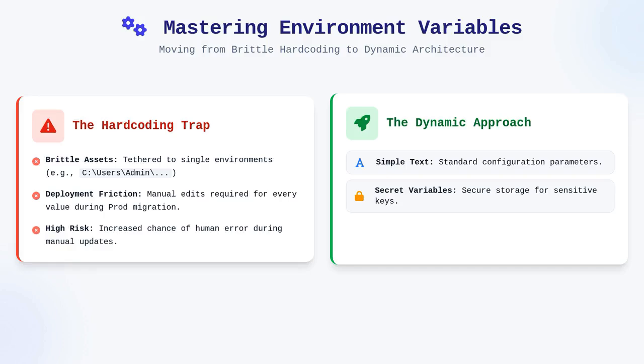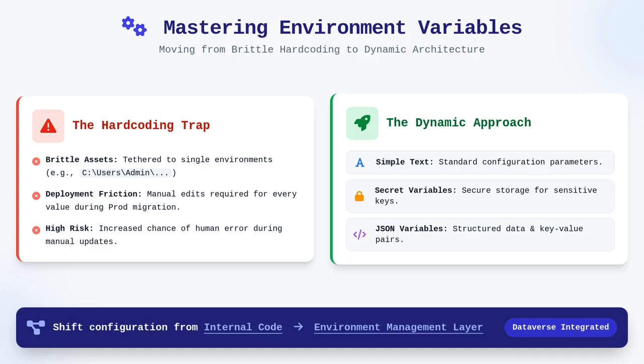For complex configurations involving multiple key value pairs or structured data, you can implement JSON-formatted variables to keep your settings organized while remaining easily accessible to your logic. This architectural decision fundamentally changes how you deploy, as it shifts the responsibility of configuration from the internal automation code to the environment management layer.